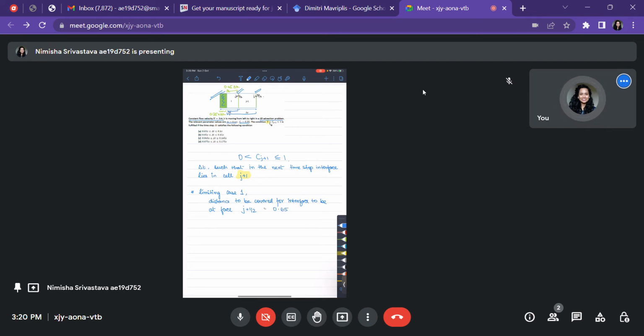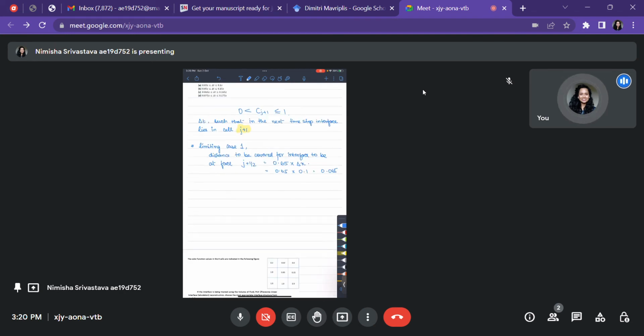That is the rest of the distance in the cell, like the area in which the fluid is not there for the cell, multiplied with the delta x. So how much would that be? 0.65 into 0.1 meter, 0.065. Okay. So then let's see how much time it will take to cover this distance.